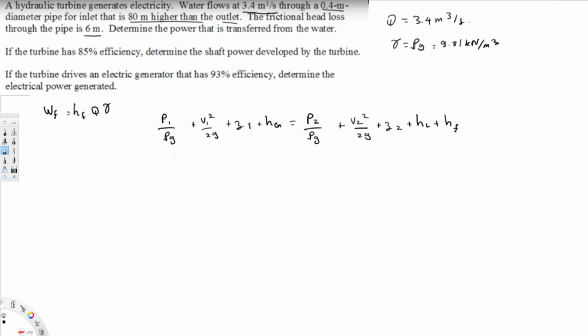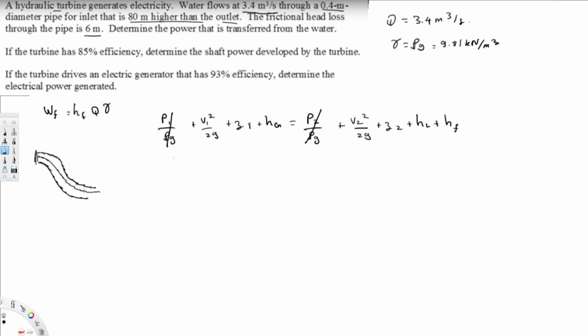So let's look at the pressure first. When they say hydraulic turbine, we treat this one as atmospheric pressure. So P1 and P2 are going to be the same thing, and we can cancel both of them. And the velocity, like this is going through a pipe like this, right? Since water is incompressible, we know that velocity is going to be equal all the way.